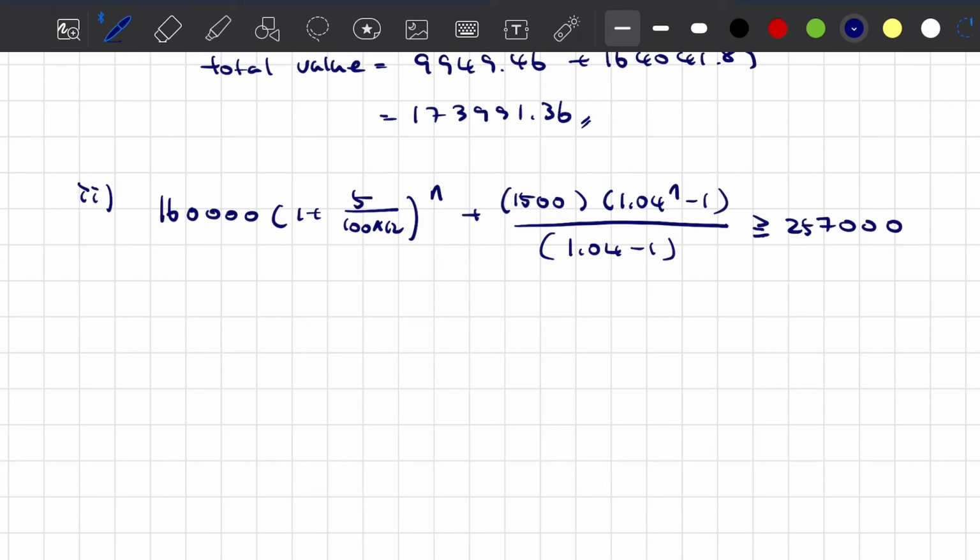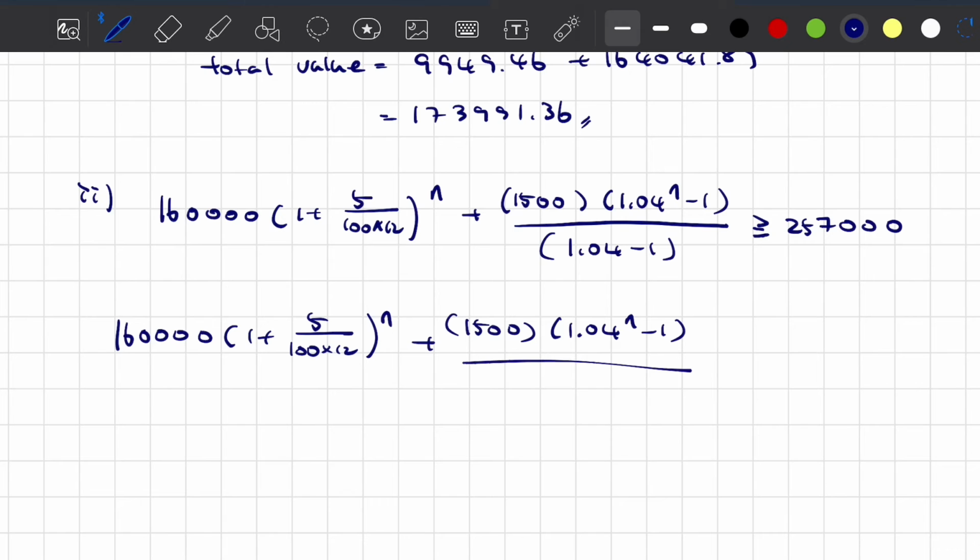So we need to solve for n. Solving inequalities in this form is very complicated. So the best way of solving this question is treating these using an equal sign instead of the inequality.